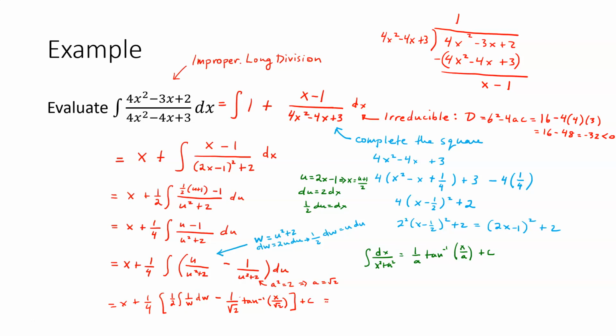Okay, so with all that, now we've got x plus 1/4 times, here this is ln of w, so 1/2 ln of w, which was u squared plus 2, minus 1 over the square root of 2 tan inverse of, oh sorry, I put x here, I meant u, this is still u, tan inverse of u over the square root of 2.